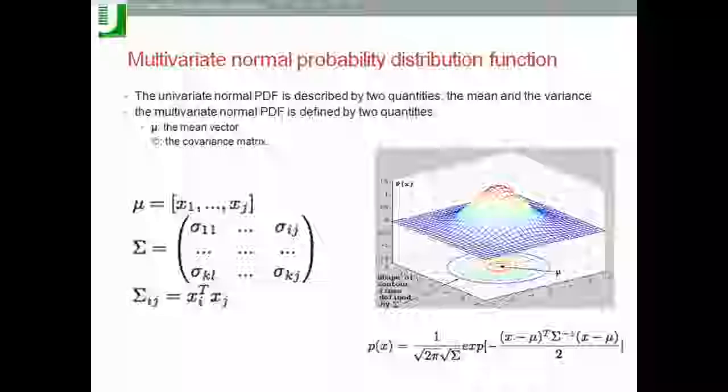So with these two quantities, the mean and the variance, we can build the multivariate Gaussian, and this multivariate Gaussian has basically the same functional behavior as the univariate normal distribution function. You see here the shape of the function in the case of two-variate data, so in case the multivariate data has dimension 2.